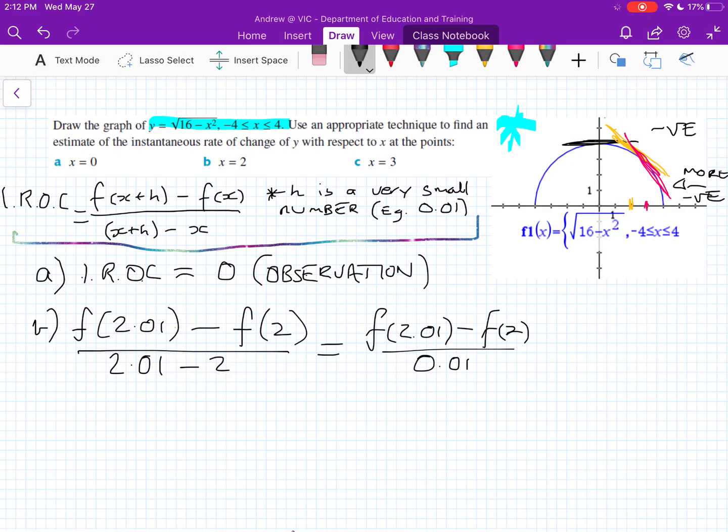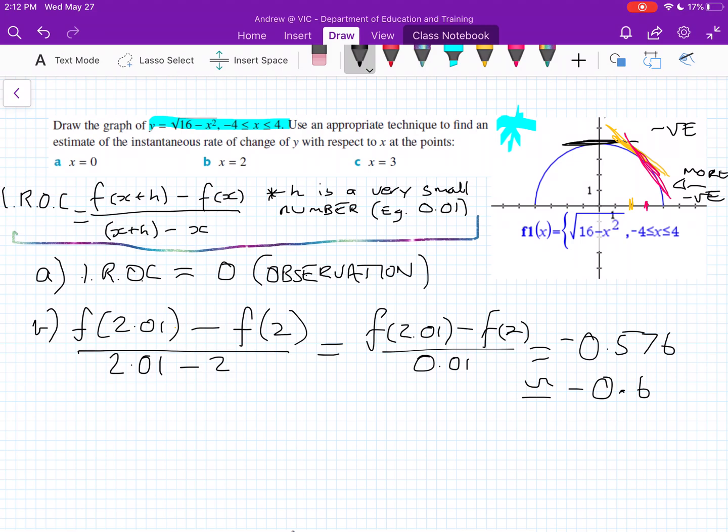This gives us a very good estimate for instantaneous rates of change. Here we've got negative 0.576, so we can say this is an estimate of approximately negative 0.6. You can define f(x) in your CAS and put this in, and you'll get an answer.